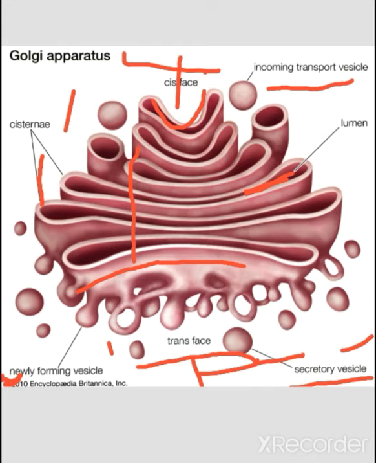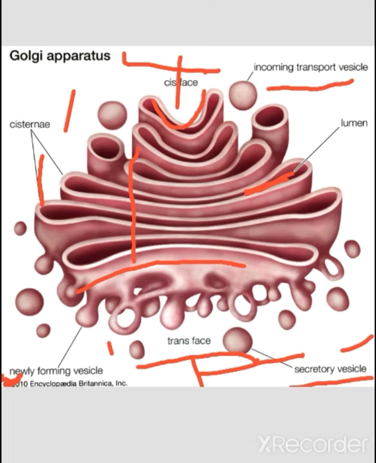So the endoplasmic reticulum is the major site of protein synthesis, and the Golgi apparatus is not exactly connected, but functions in a coordinated way with the endoplasmic reticulum for the further modification of the protein that is transported from the endoplasmic reticulum.